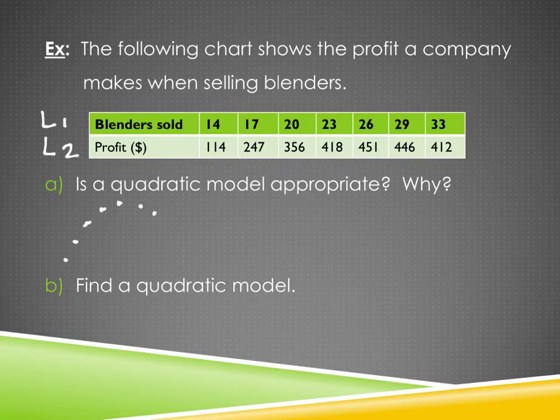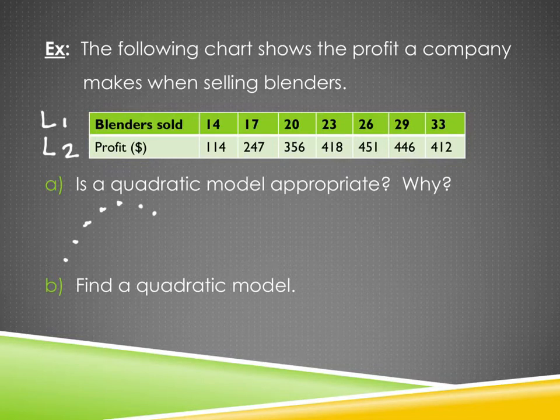Now, one of the reasons it's useful, even when you're not given a question like this, to go ahead and turn the graph on and check it before you start calculating things, is to make sure you didn't make a typo. Because let's say, for instance, you did this and all of a sudden when it pulled up, it looked like that. That'd be a red flag that, hey, I may have entered something wrong. So you have an opportunity to go back and fix an error that you might have had that you data entered too quickly.